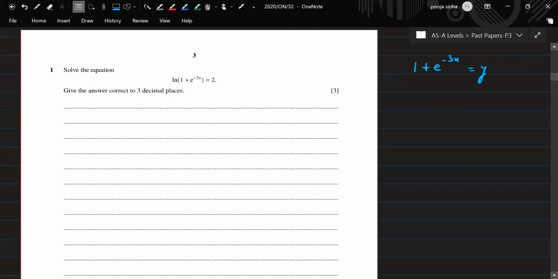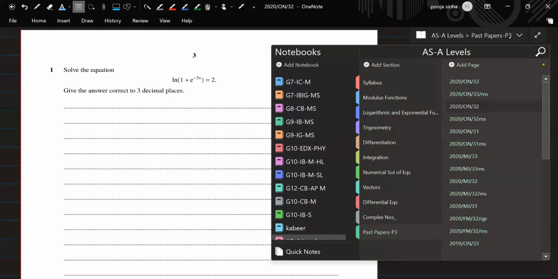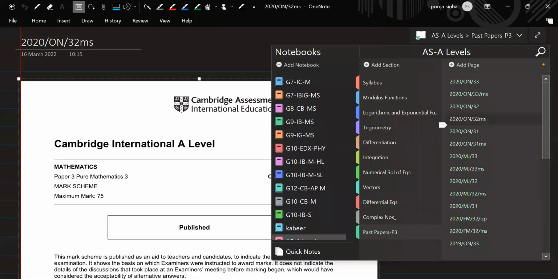It's same as getting e raised to power. One second, let me check this once for the marks.